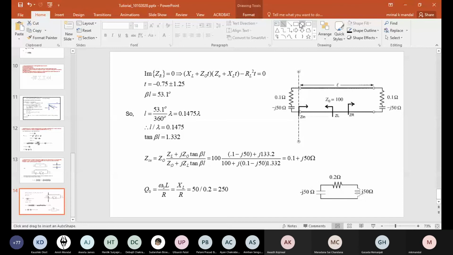Anyway, if I consider the same resonant condition, so a 50 ohm load, maybe I'm connecting at this port. So what is the definition of quality factor? You use the same. Now your R value changes. You have to find out what is the equivalent R.